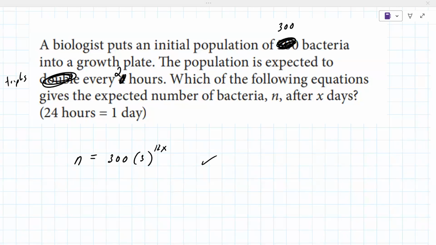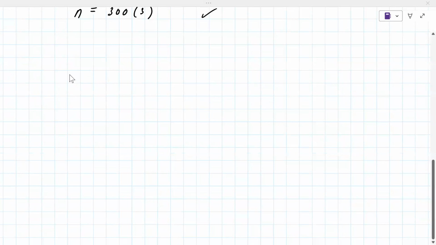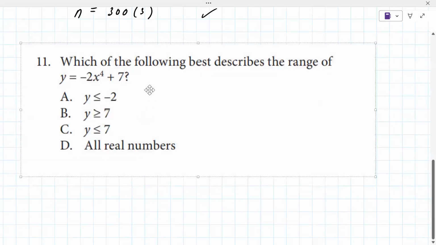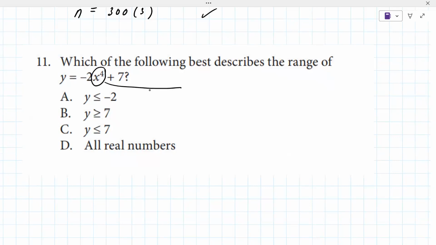Some of these are just concepts I need to review, but other ones are. Okay, so the range is based on a lot of things that are going on here. Basically, you have to know the parent function here and what this looks like. The parent function looks like a quadratic, even though it's a fourth.